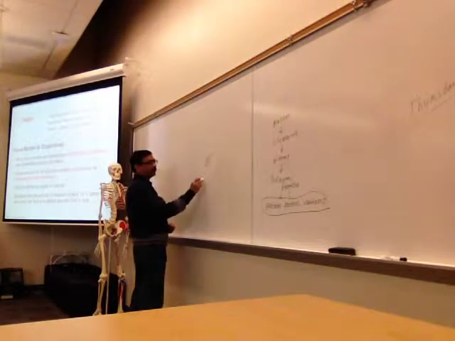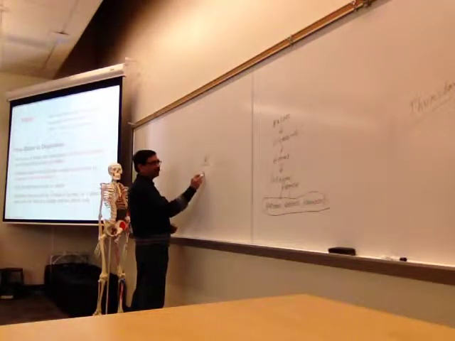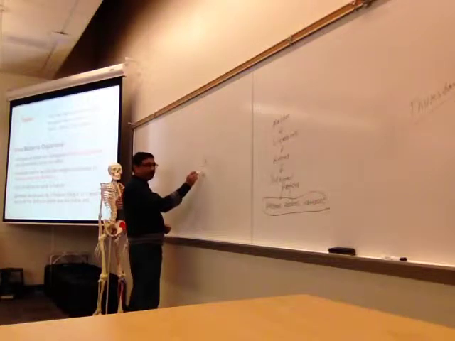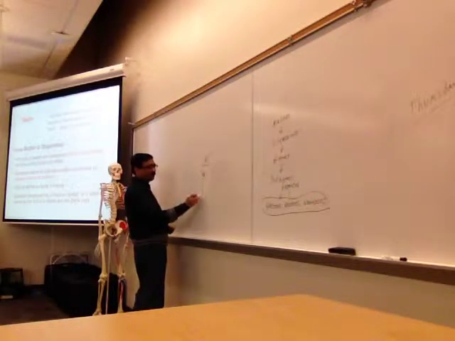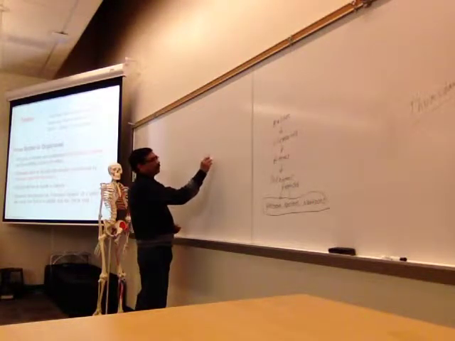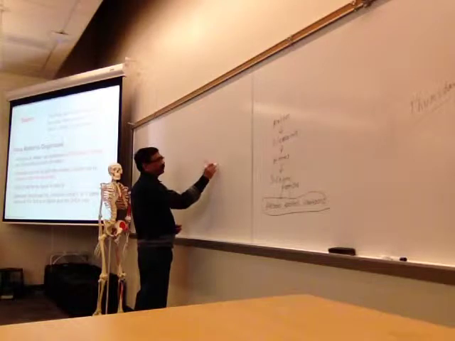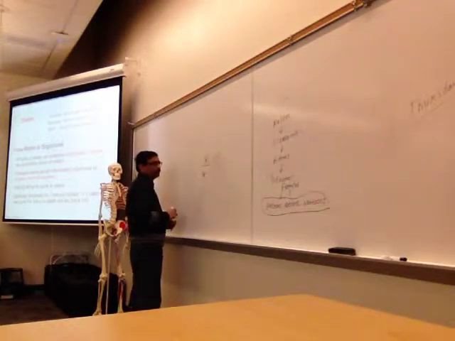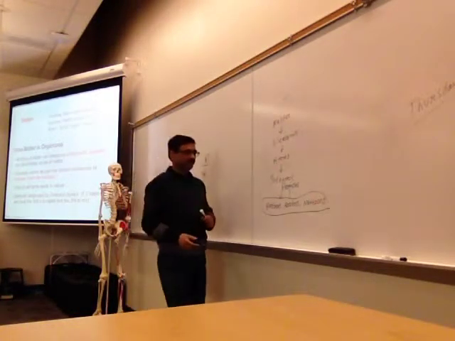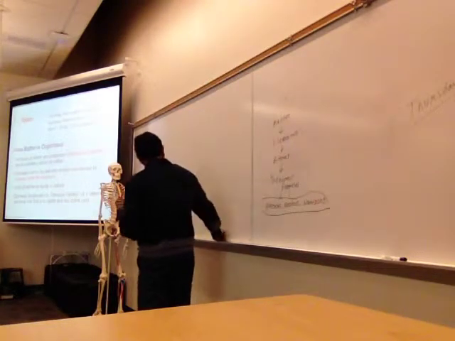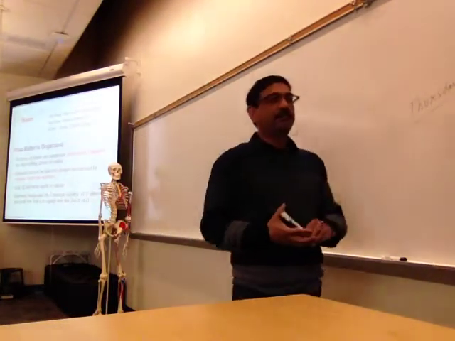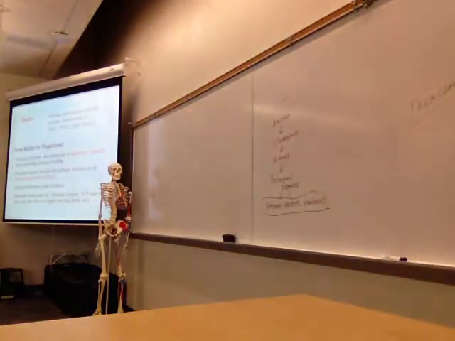For example, sodium, we use two letters, the first one uppercase and the second one lowercase. Calcium, first one uppercase, second one lowercase. But carbon, since we use only one letter, it is uppercase. So that's how the symbols of elements are written.